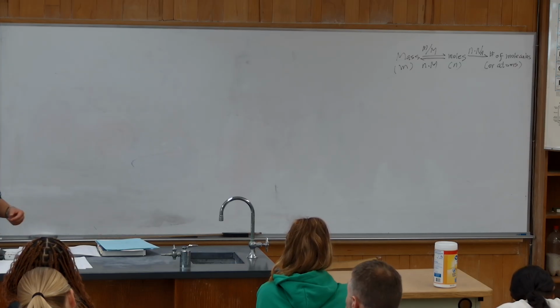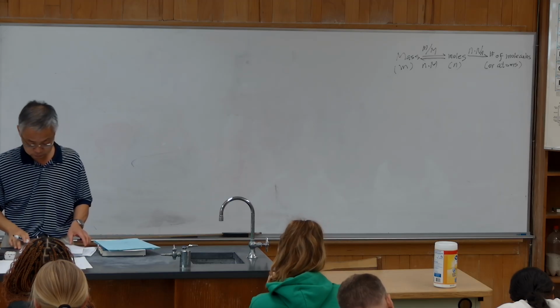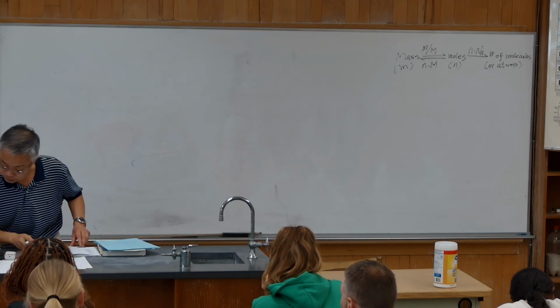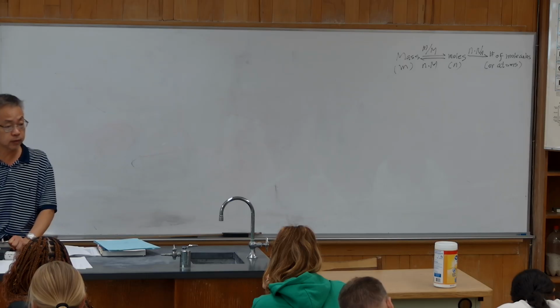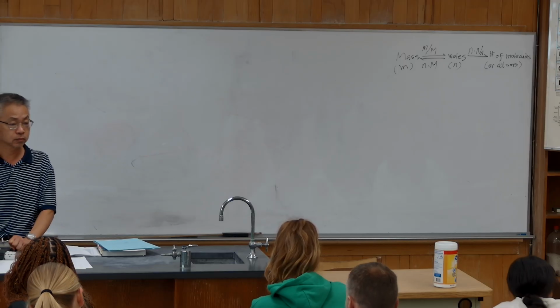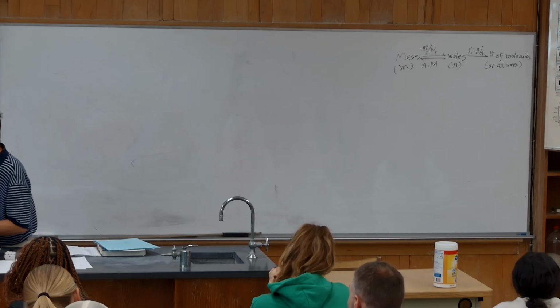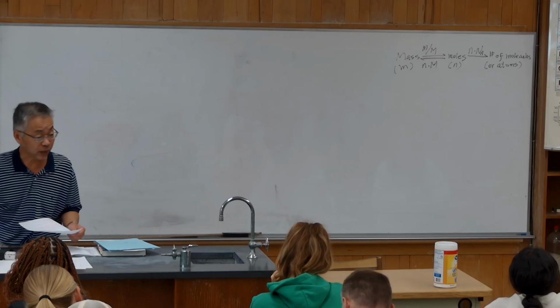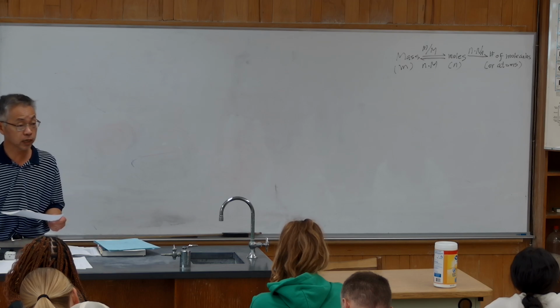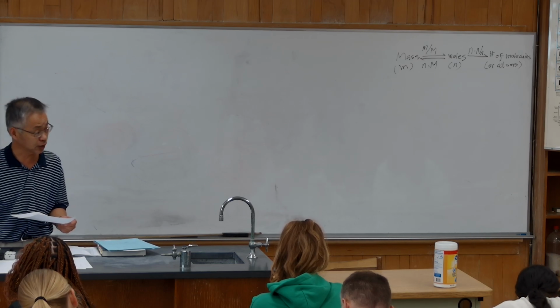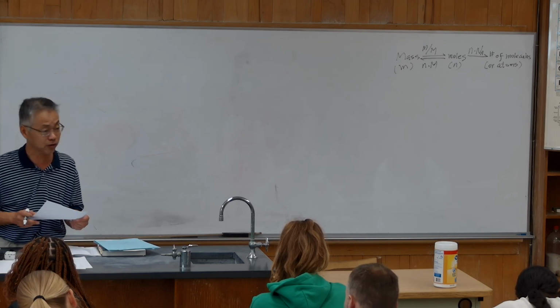If you're smart enough for this question, you don't even need to calculate. Why? Because only choice C is a very big number, right? Whenever it asks how many molecules or how many atoms, the answer is always a very big number.